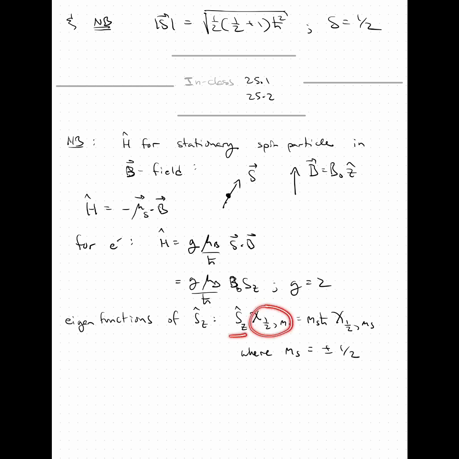The operator acting on the eigenfunction gives you the eigenvalue times the eigenfunction. Well, these are subscripts of a half for the spin for the electron times m sub s, and over here the subscripts of a half and m sub s are also written for the same eigenfunction. And m sub s takes on values plus or minus a half.